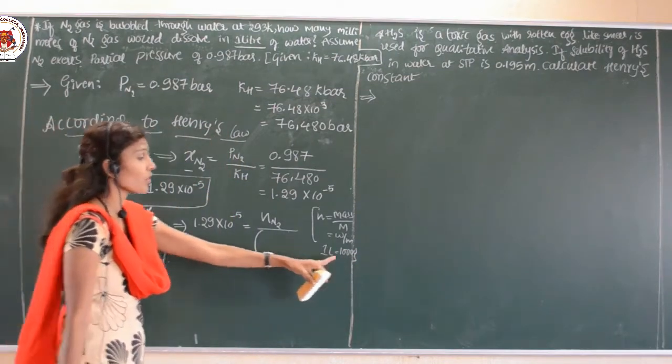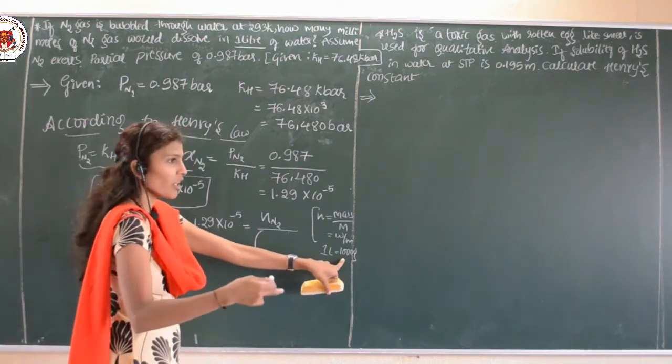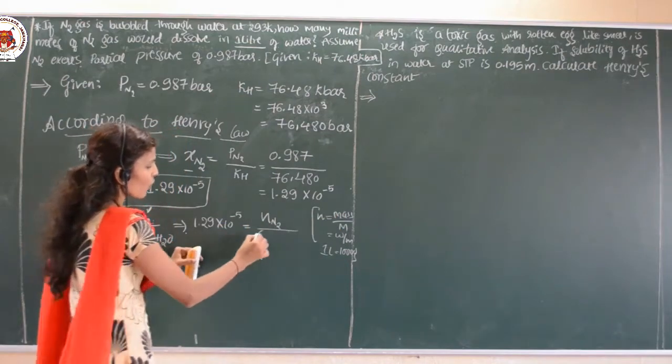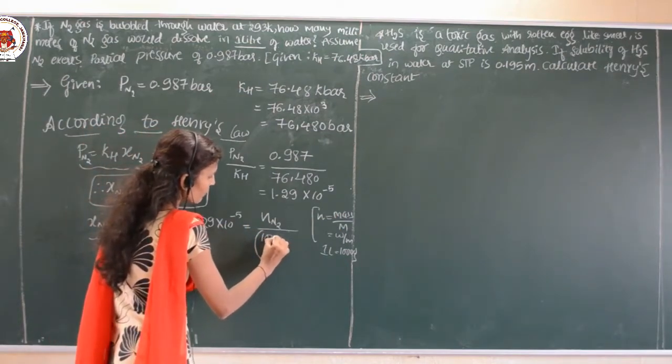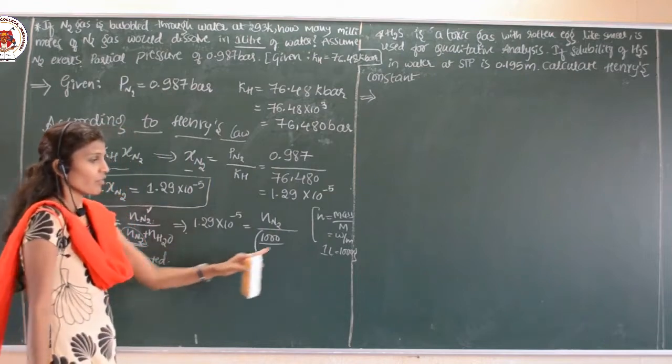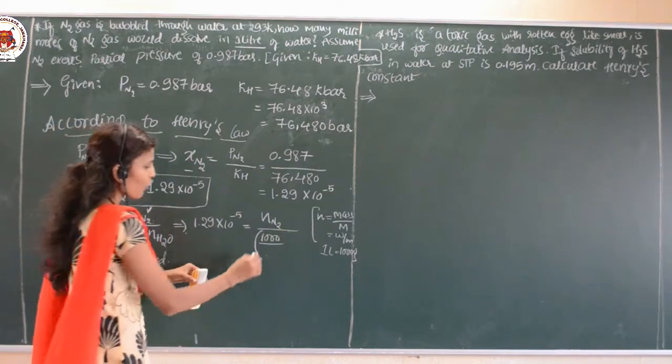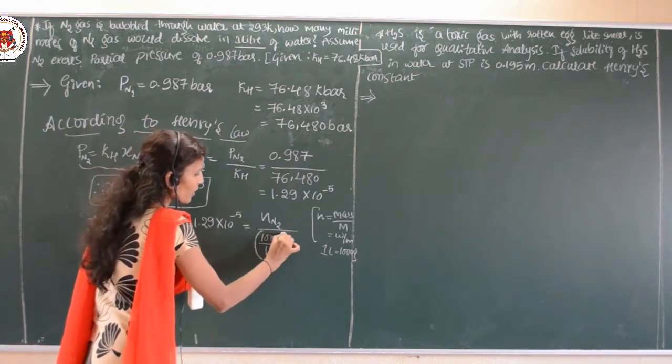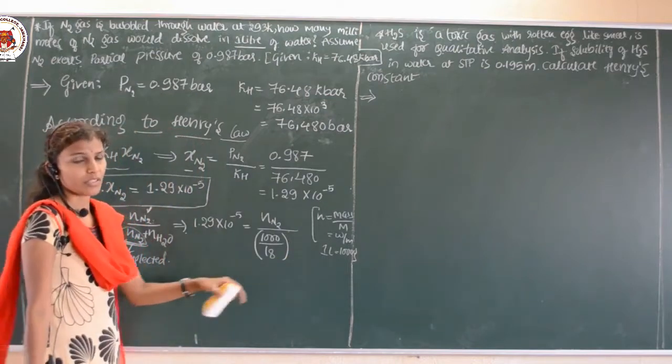So the weight of the water will be 1000 divided by the molar mass. What is the molar mass of water? That is 18.